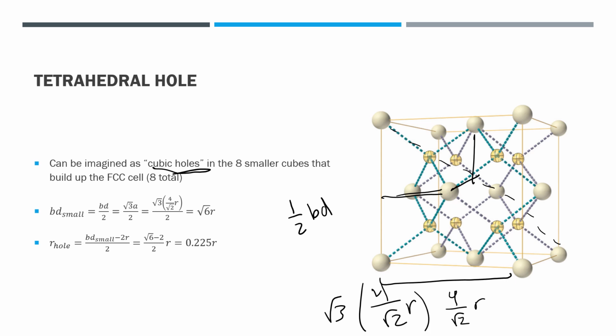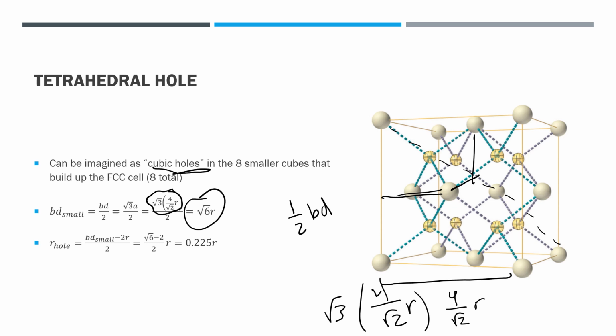That's the math I'm doing right there, where the small body diagonal is the body diagonal of the big cube divided by 2, which is root 3 times 4 over root 2 r divided by 2. That ends up getting me root 6 r if you expand out those radicals. So root 6 times r is the body diagonal of the small cube.